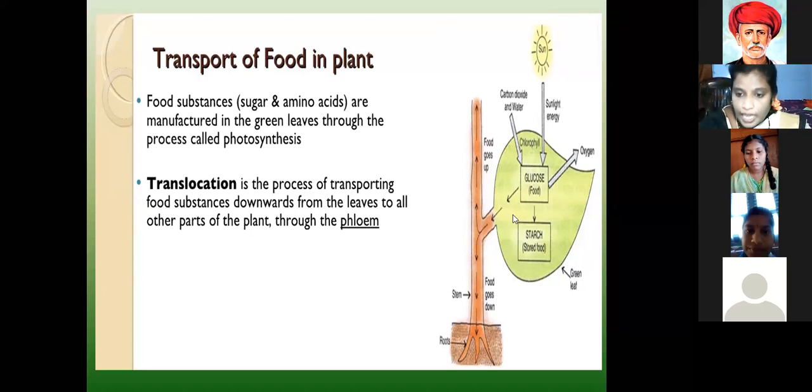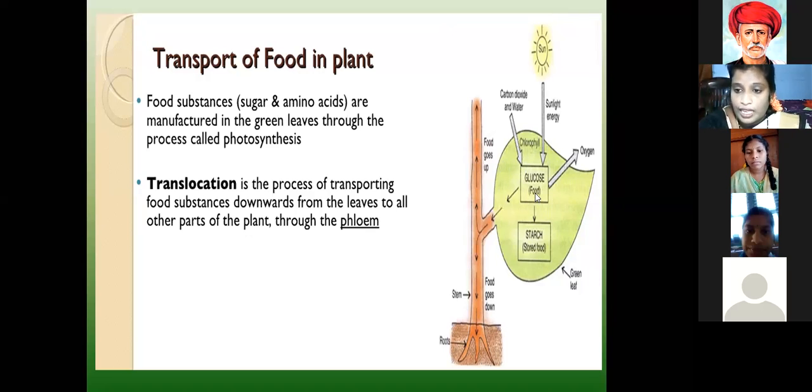See how the food from the leaves goes up and goes down. In this picture, food goes up and food goes down. This is the stem, this is the root; carbon dioxide and water are received from here, along with the presence of sunlight. What information is given in this picture? Only the leaves prepare the food contents.